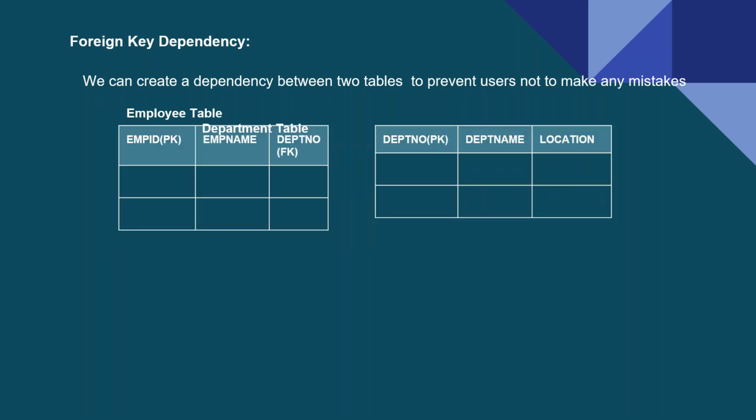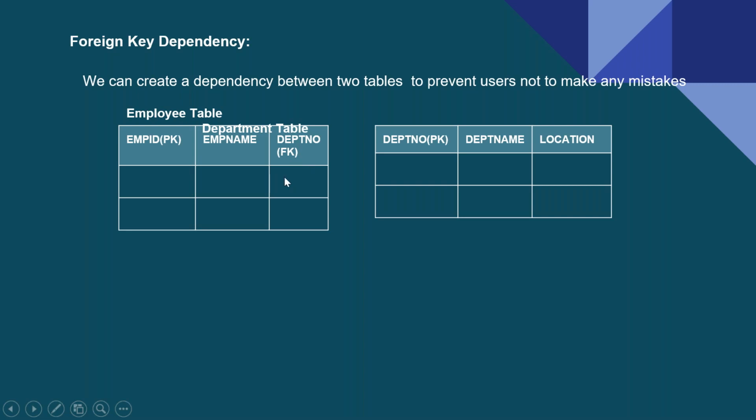Sorry about that slide. In the employee table, we have employee ID, employee name, and department number, whereas in the department table, we have department number, name, and location. You see, employee ID is a primary key. Whenever I enter an employee ID, I have to enter which department he belongs to.